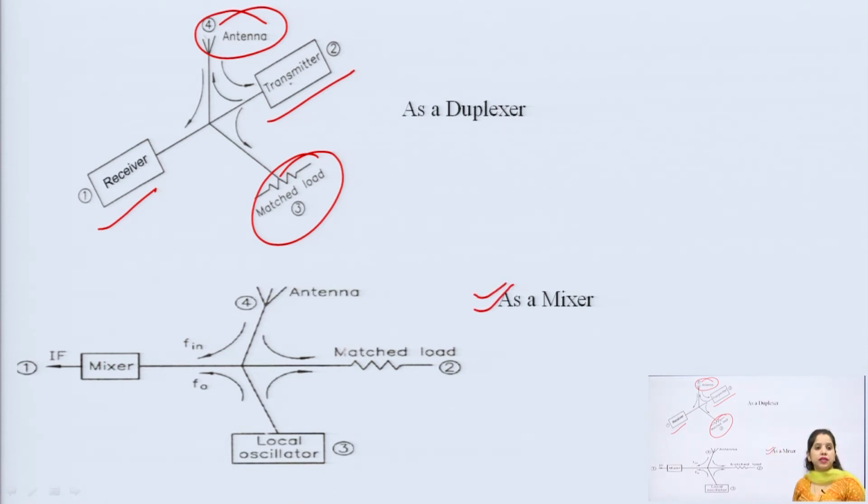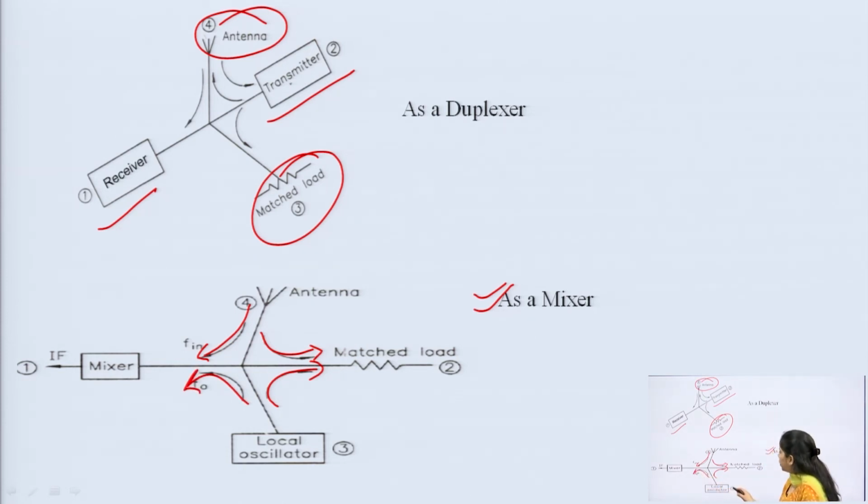In the third case, magic T can be used as a mixer also, and the arrangement is exactly like this. So, basically in the mixer what we have is the incoming signal, matched load, and local oscillator signal.